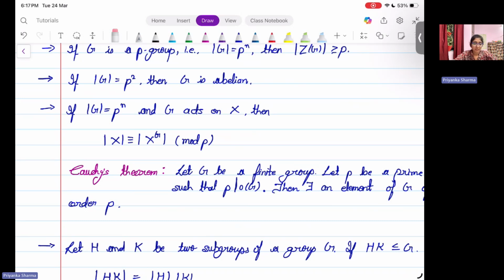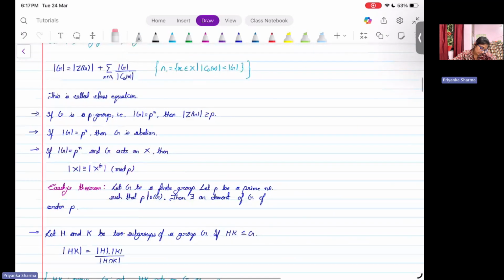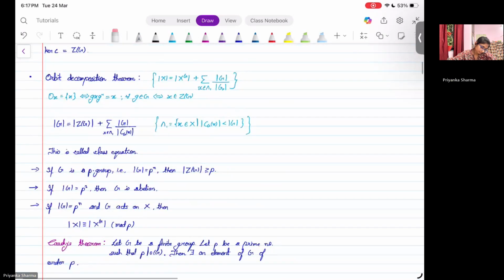Now, what if the order of G is P to the power n? We can say that if G acts on some set X, then the cardinality of X is congruent to the cardinality of X^G modulo P. This is obvious from the orbit decomposition theorem.